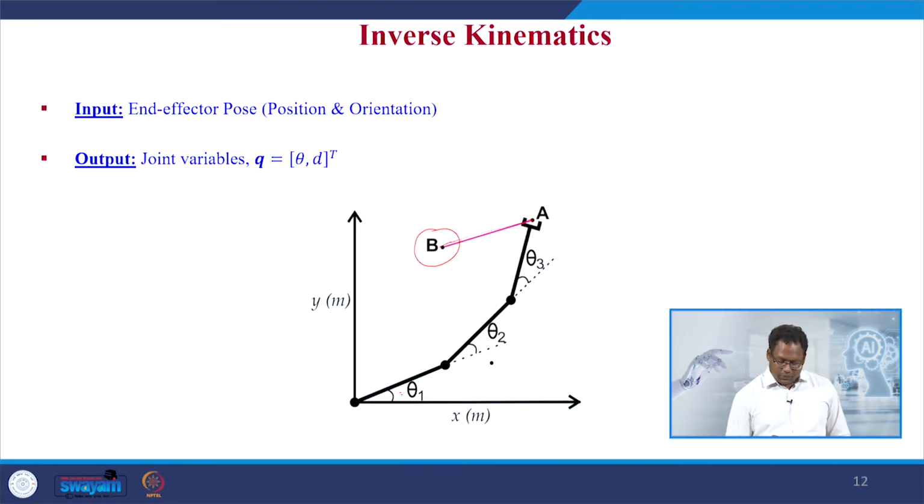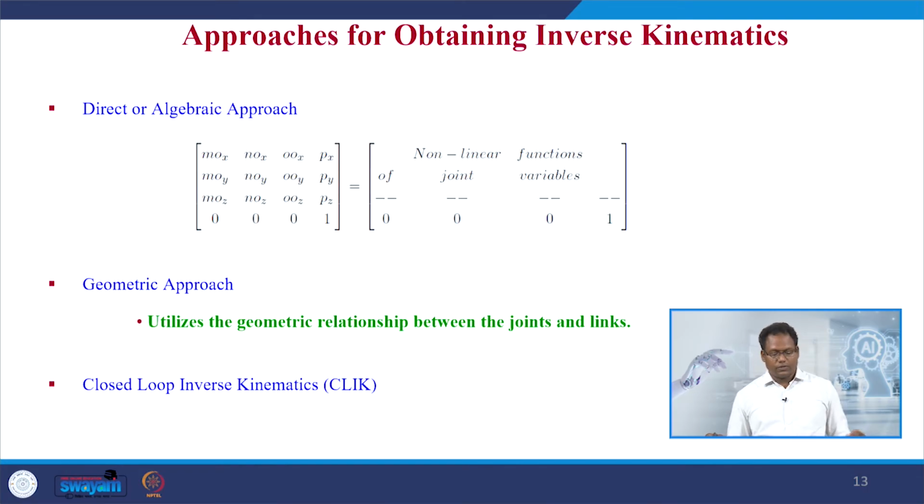At present we have theta 1, theta 2, theta 3 as the joint angular set. We need to find a new joint angular set in order to reach b. That is the task of inverse kinematics. There are three ways we can do that. One is the direct approach, another is the geometric approach, and the third is closed loop inverse kinematics, which involves the Jacobian matrix computation.